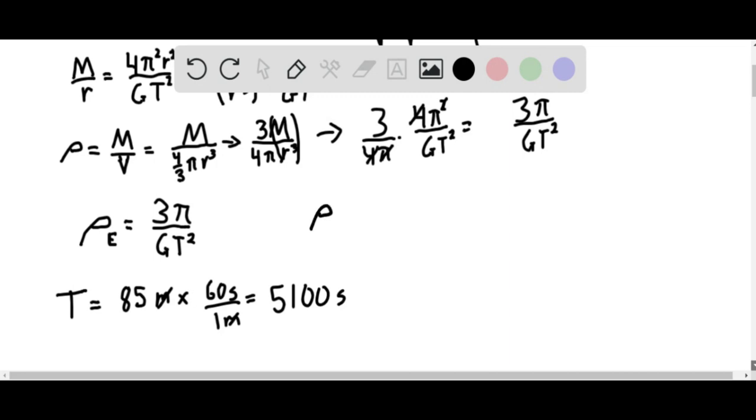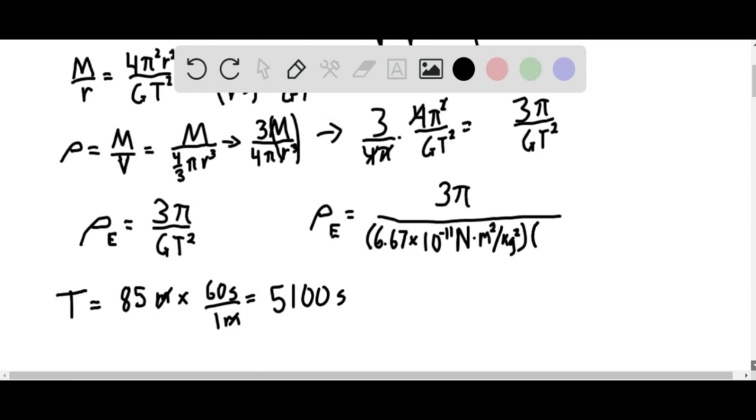Now, let's try and solve for Earth's density. Rho sub E will be equal to 3 times pi divided by 6.67 times 10 to the minus 11 newtons times meters squared over kilograms squared, the gravitational constant, times 5,100 seconds squared.